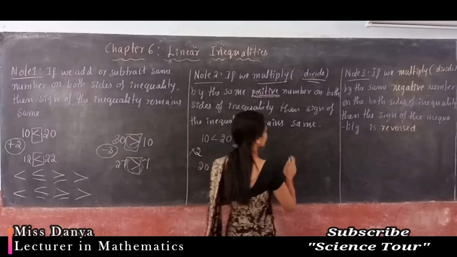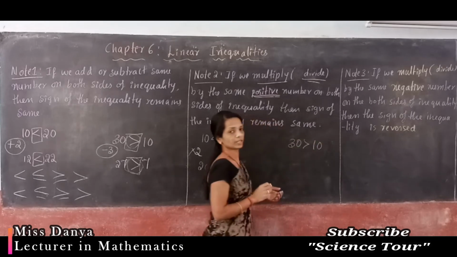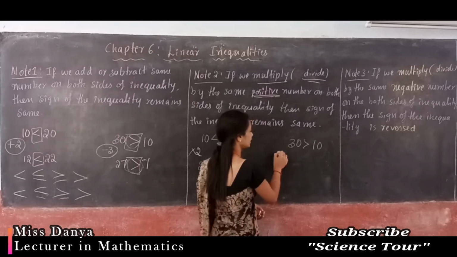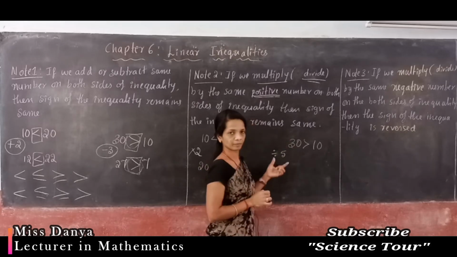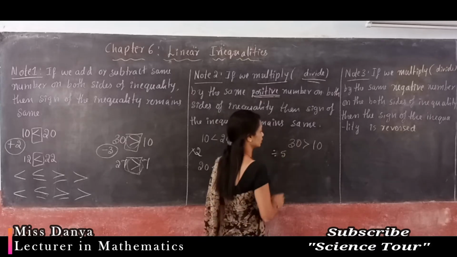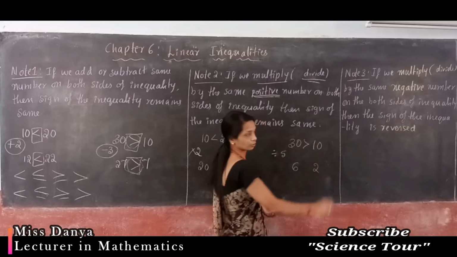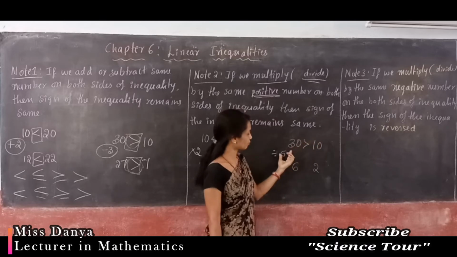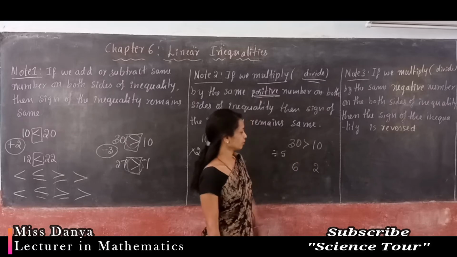If I take the same example, 30 is greater than 10. Now we divide this by the same positive number. I will divide both sides of this inequality by 5. 30 by 5 gives you 6, and 10 by 5 gives you 2.